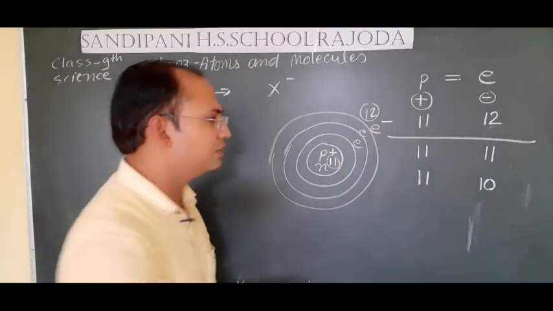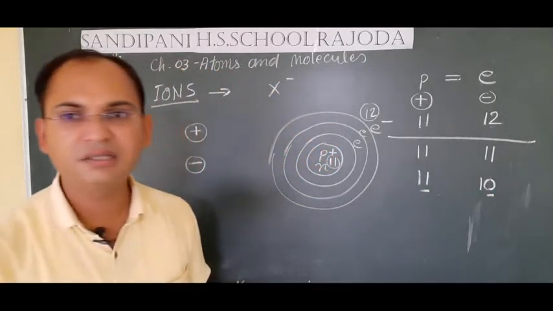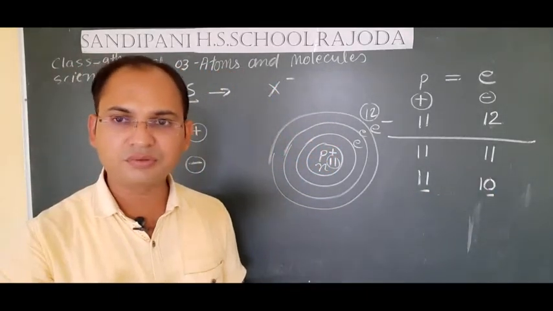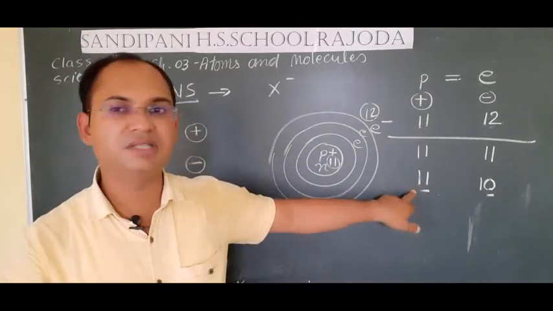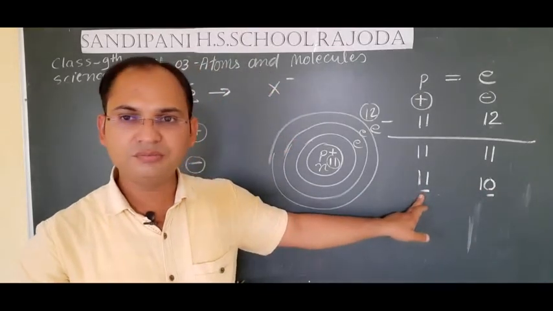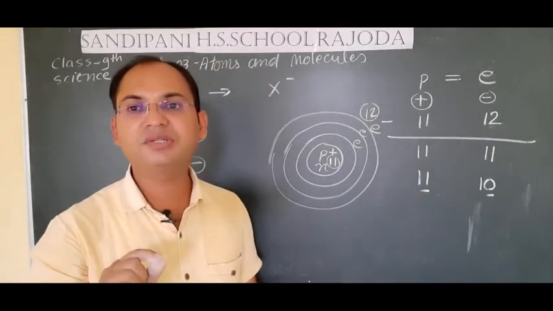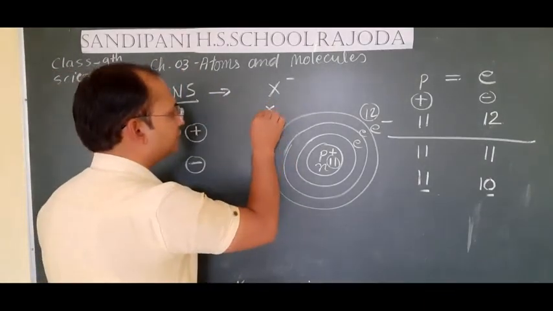In this case students, the 10 electrons will cancel out the effect of 10 protons, but effectively one positive charge will remain there, and then we will write it as X plus.